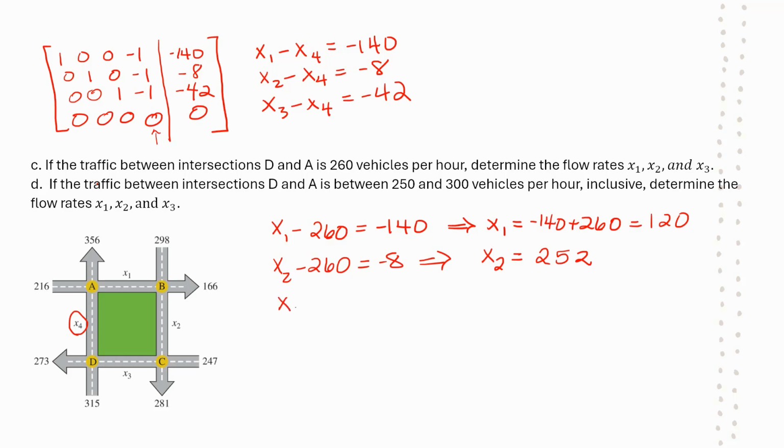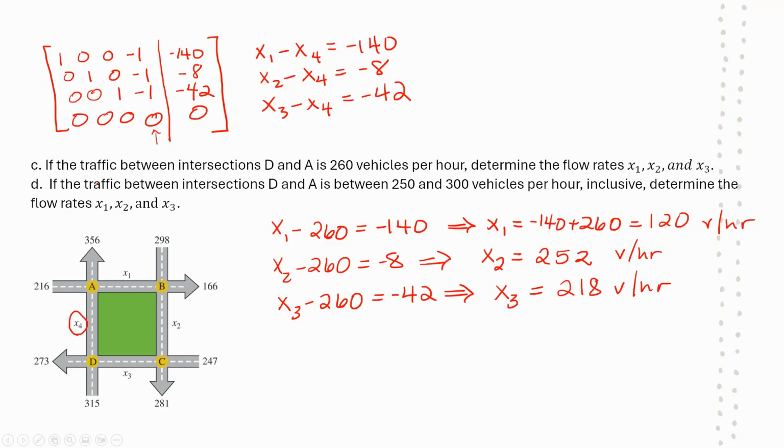And then for the third equation, x sub 3 minus 260 is equal to negative 42, which means that x sub 3 will be negative 42 plus 260, which is 218 vehicles per hour. So this would give you an expectation for how traffic would flow depending on different events and rush hour and stuff like that.